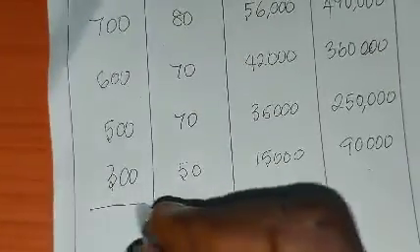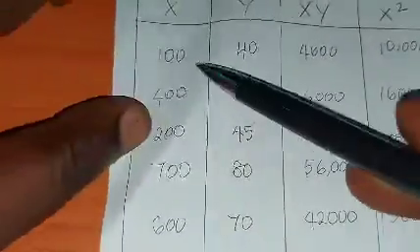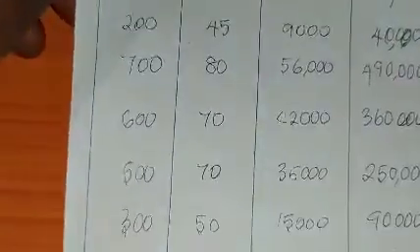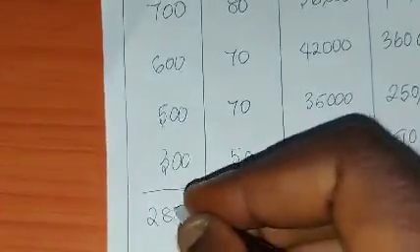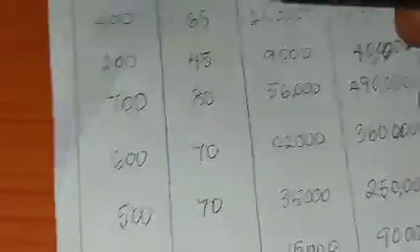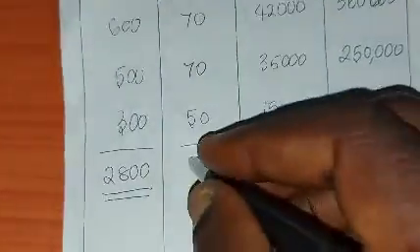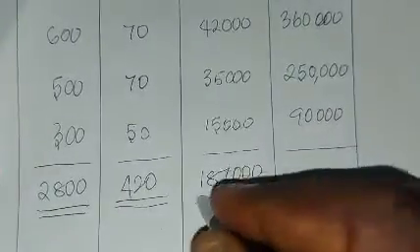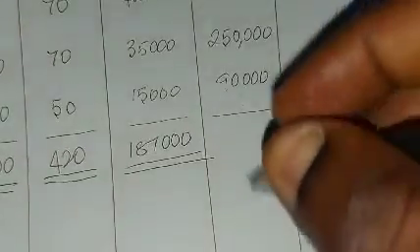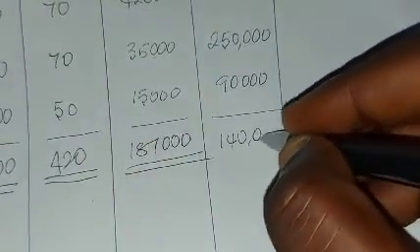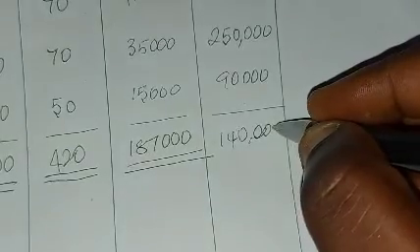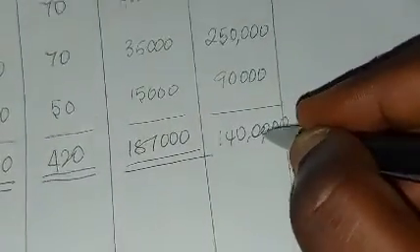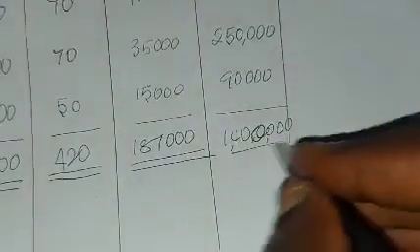Then you sum up the columns. Summing the x column gives you 2800. Adding the y values gives you 420. Adding the xy column gives you 187,000. And adding the x squared column gives you 1,400,000.